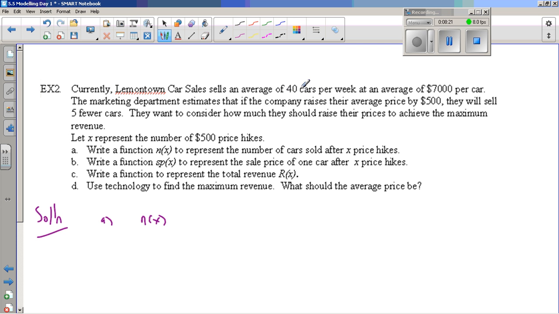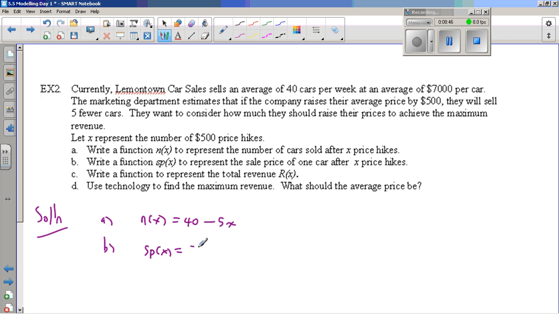Well, right now we're selling 40 cars a week, but we're going to lose 5 for every price hike. Does that make sense? We price hike once, lose 5 cars. Price hike twice, lose 10 cars, and so on. But to make up for that, the SP is the sale price. We're going to be able to make more money on each car, right?